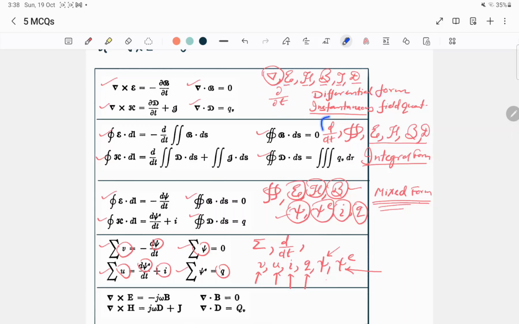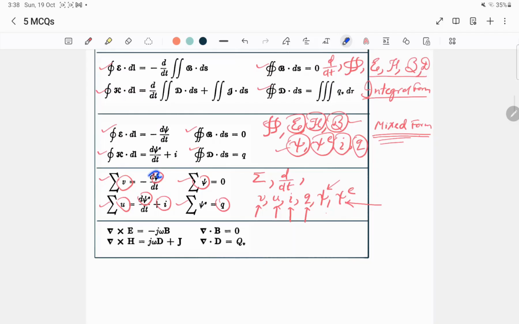Whenever it's a normal derivative, it's in integral form. Here also this is a normal derivative, and summation signs are used because the closed cyclic integral has been converted to the simple summation. So these four set of Maxwell's equations are called Maxwell's equations written in purely circuit form.